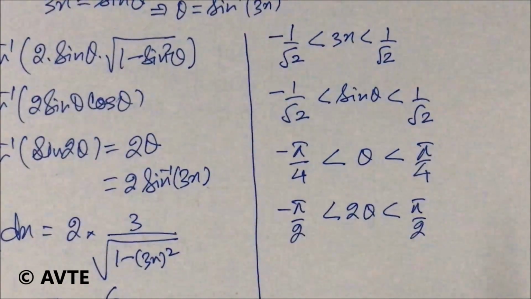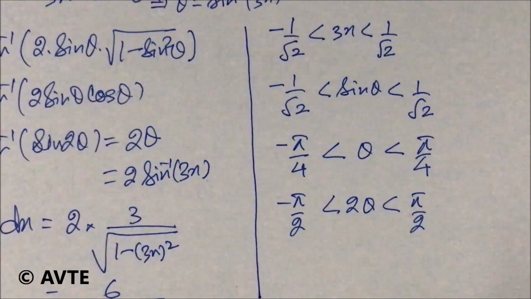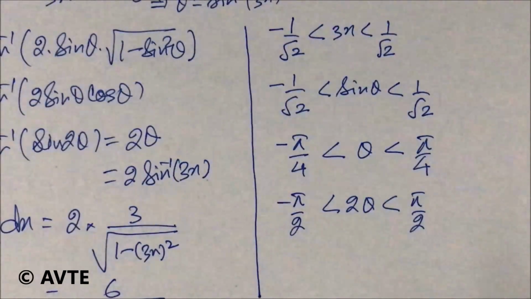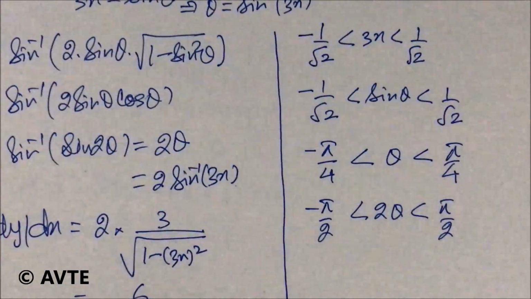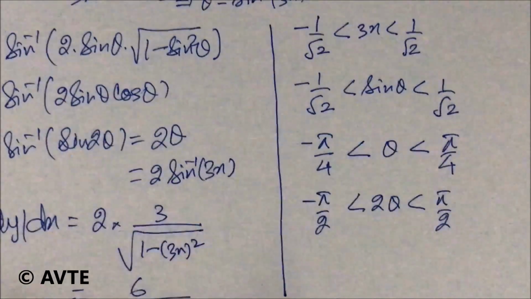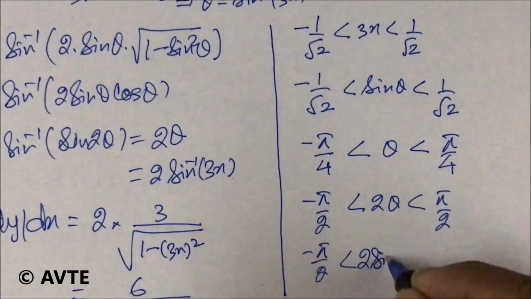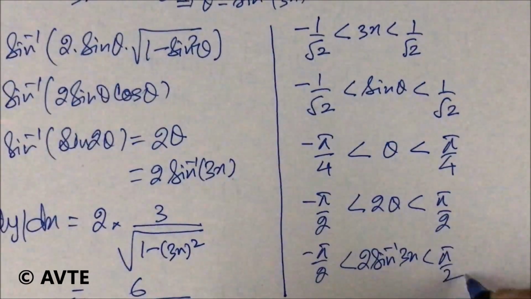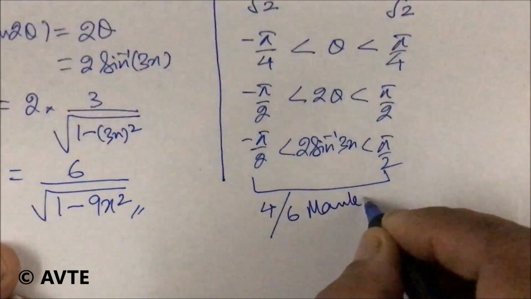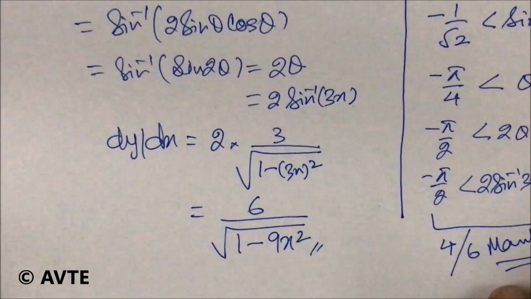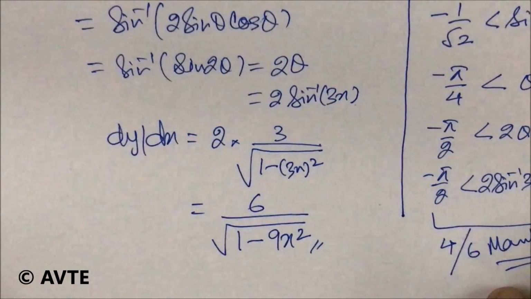Because if someone puts cos in this, the range will not be from minus 90 to 90. It will go from 0 to 180 degrees, which will conflict with the domain of sine inverse. So very cleverly, you need to put that x is equal to sine theta, and finally you write that it is minus pi by 2 to sine inverse of 3x. But this presentation is important when the question comes for 4 or 6 marks. Otherwise, only this thing is enough. So the answer to this question is 6 upon under root of 1 minus 9x square.